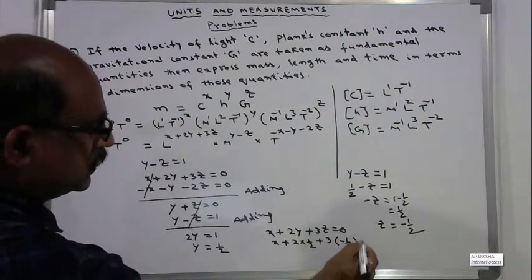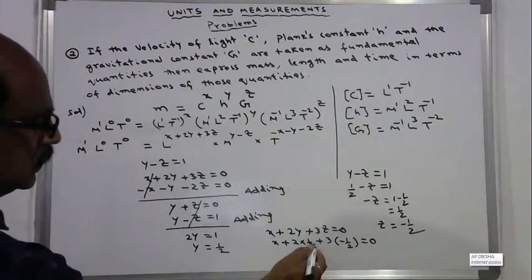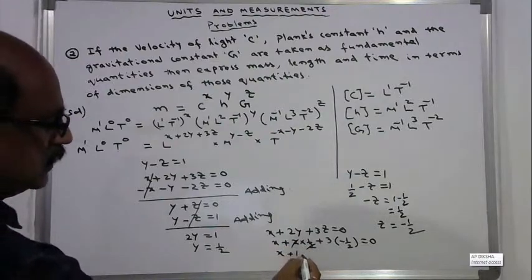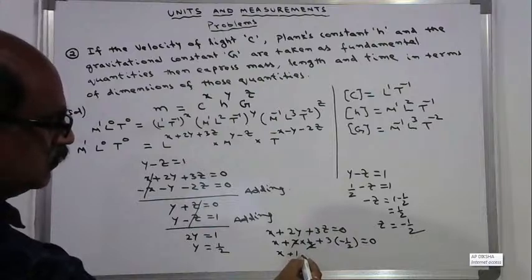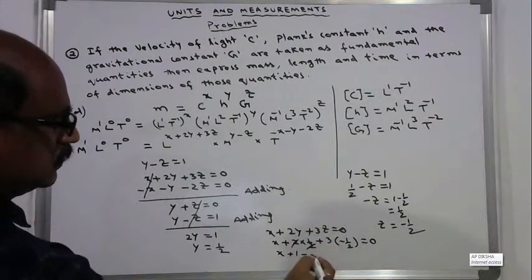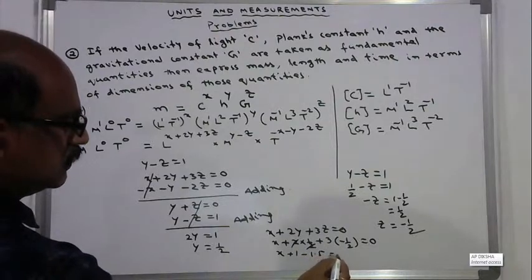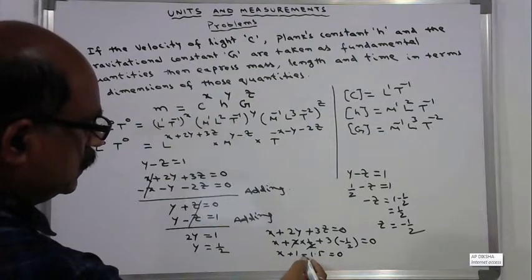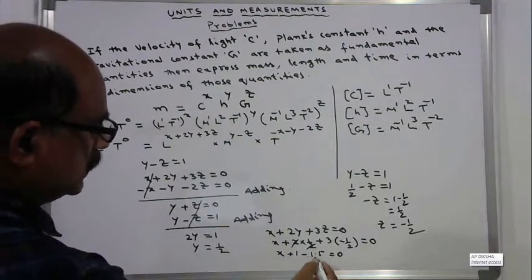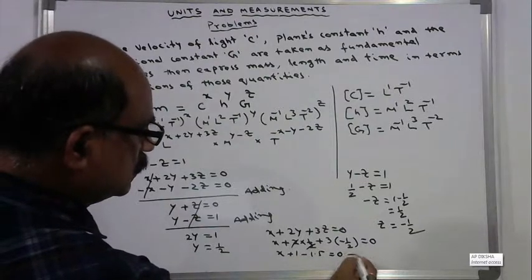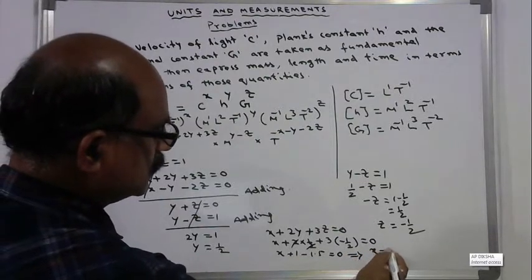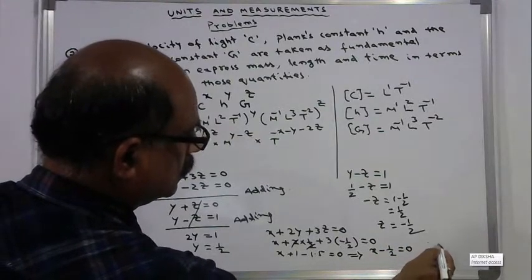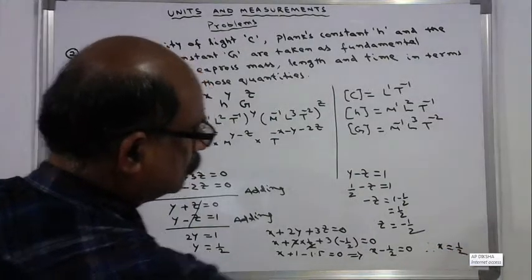Minus half, equal to 0. So x plus 1 minus 3 by 2, 1.5, is equal to 0. So x minus half equal to 0. Therefore, x equal to half.